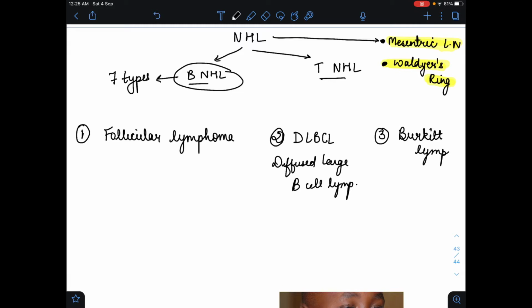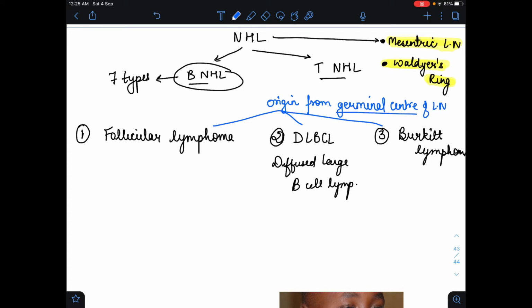In these three, one thing is common. What is the common thing? These three originate from the germinal center of the lymph node.